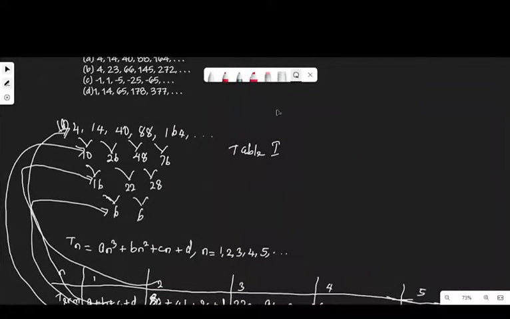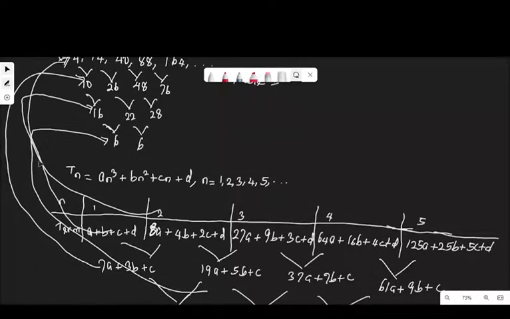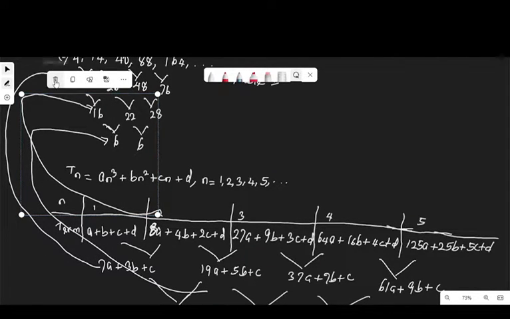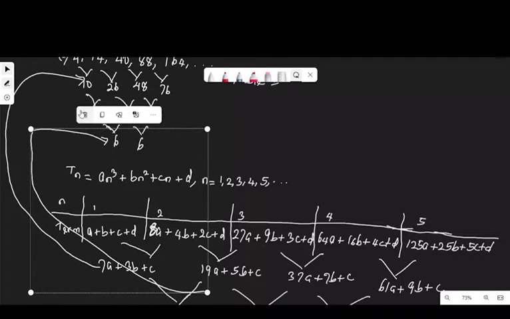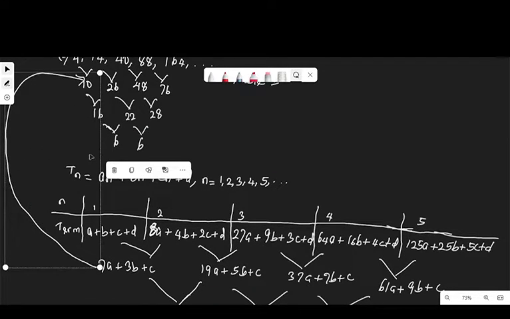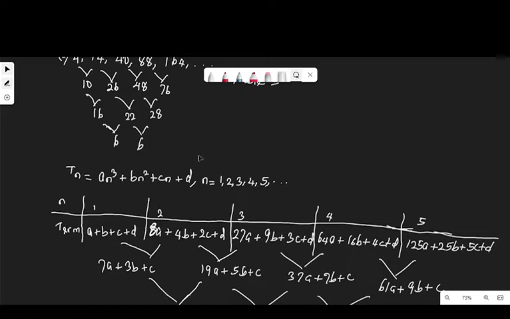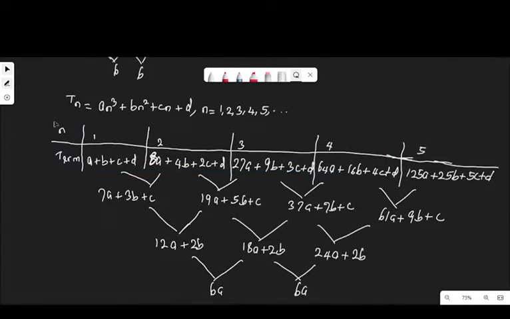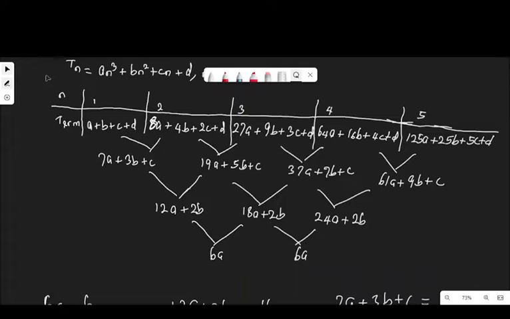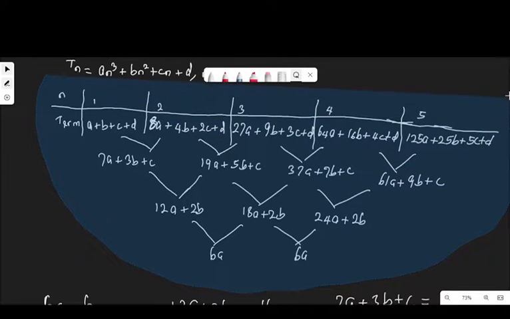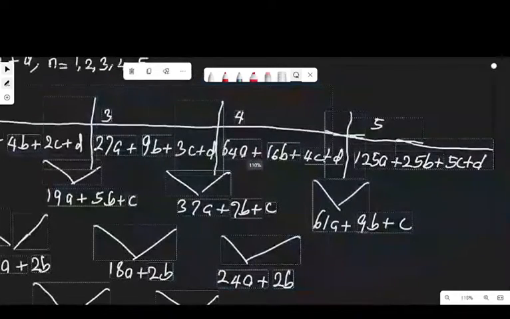For number 2, I'm not going to repeat this table, so let me copy it and paste it somewhere so we can use it repeatedly. Let me delete all this. Let's select the whole table and copy it, because for any sequence with a cubic rule, this table is usually the same.